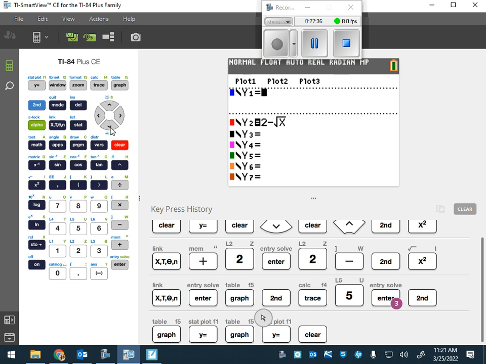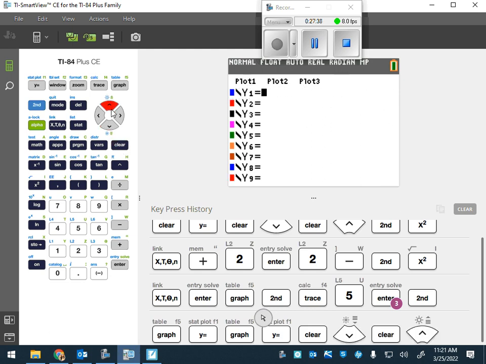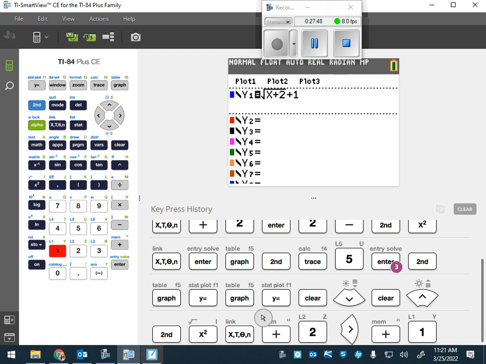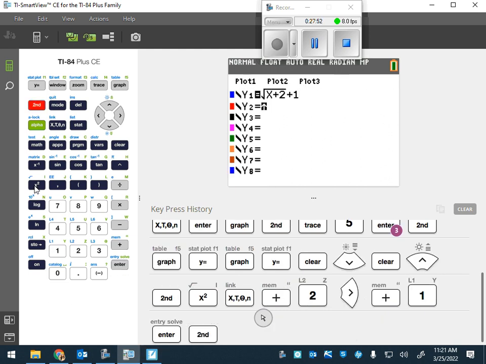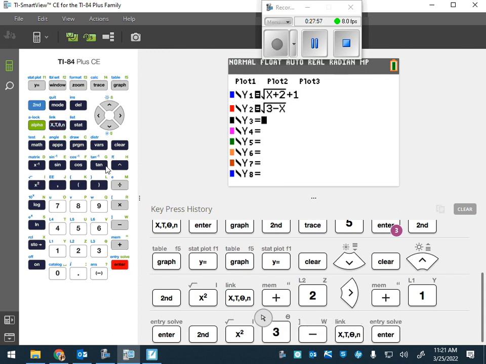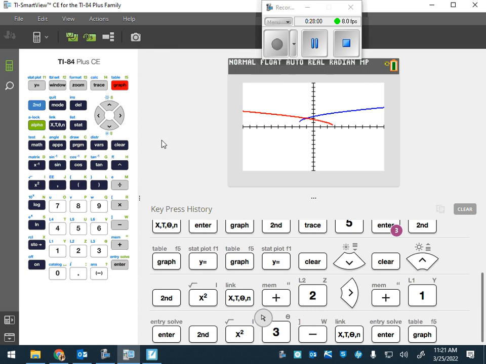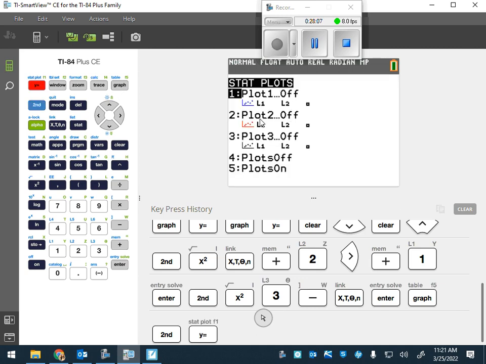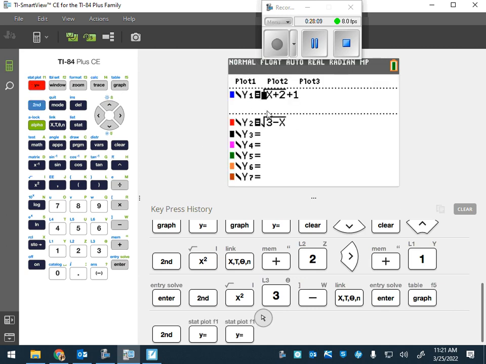Go into y equals. Make sure that plus 1 is on the outside of your radical. Okay. Second graph, yeah. Okay. Do you have this?